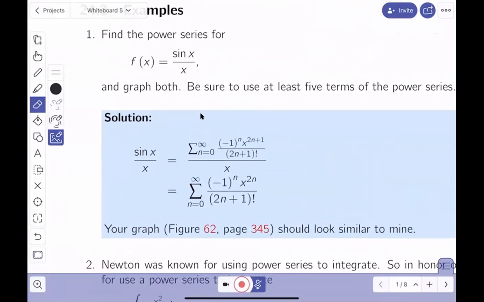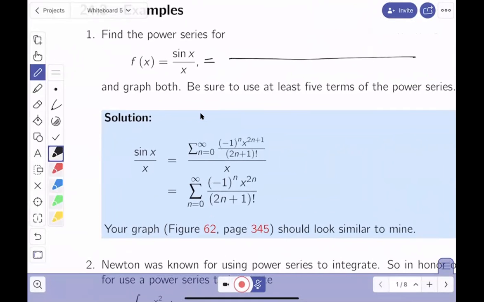All right. So this one over here, the way I would do it is I'd say, oh, I know the series expansion for sine. And what is that? That's x minus x cubed over 3 factorial plus x to the 5 over 5 factorial minus x to the 7 over 7 factorial.